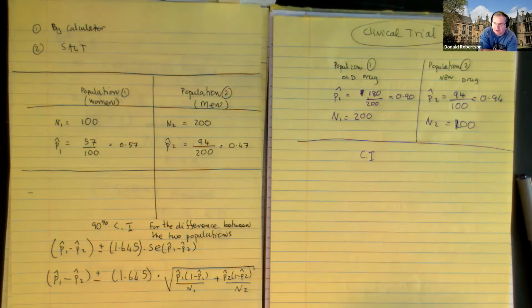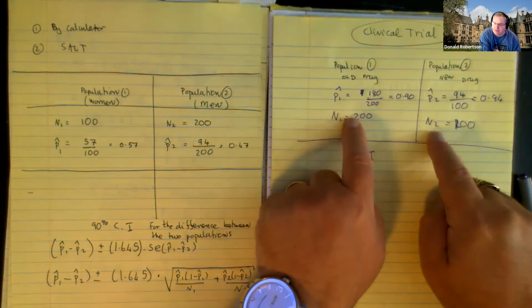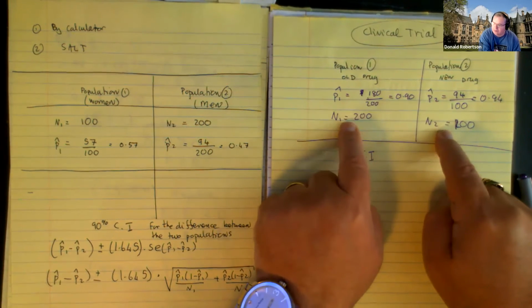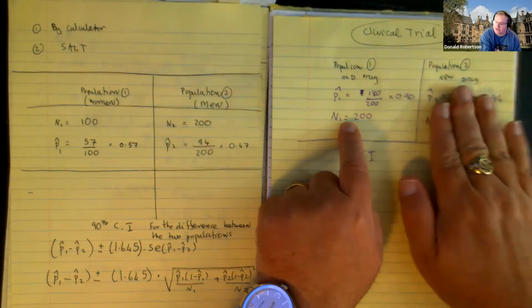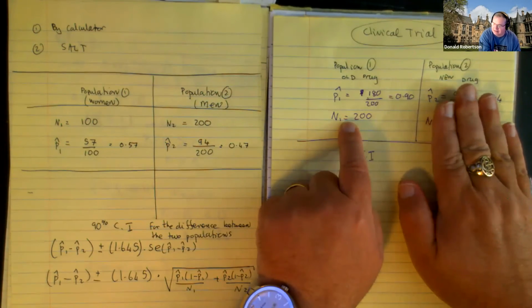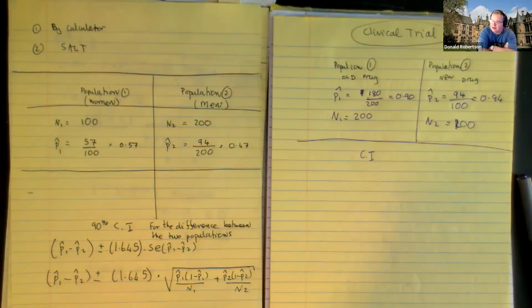And the clue I'm giving is, isn't it very serious if you get this wrong? In other words, if you say, oh yeah, use the new drug, it's better, and actually it wasn't, aren't you hurting people rather than helping? So based on that very big clue, what kind of confidence interval do I want?